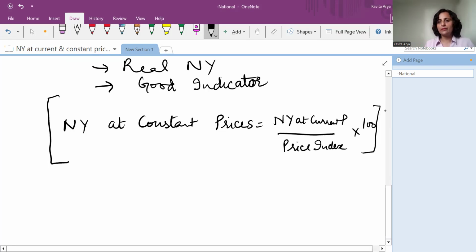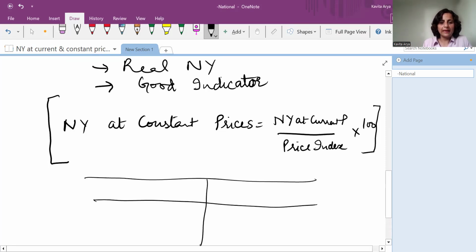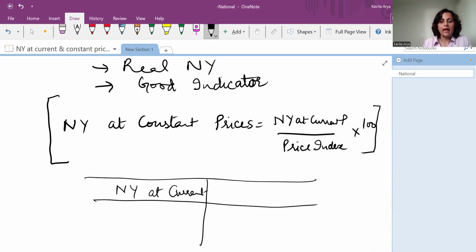So if we talk about the difference between the two, this is a wonderful question, most often expected from the paper's point of view. Every differentiation should ideally be given in a T table, wherein we talk about national income at current prices and national income at constant prices.